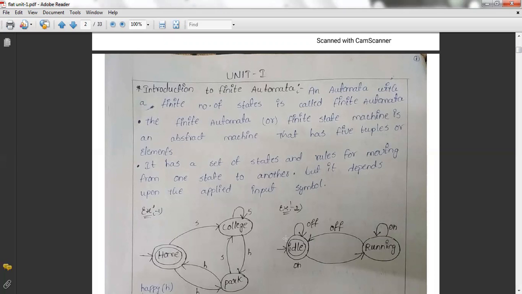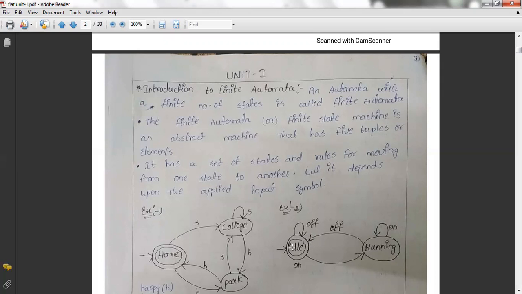Suppose we take one more example, from the idle state to the running state. When it goes to the running state, the on input symbol is given. When going from the running state to the idle state, the off symbol is given. From the idle state to the running state, again the on symbol is given.